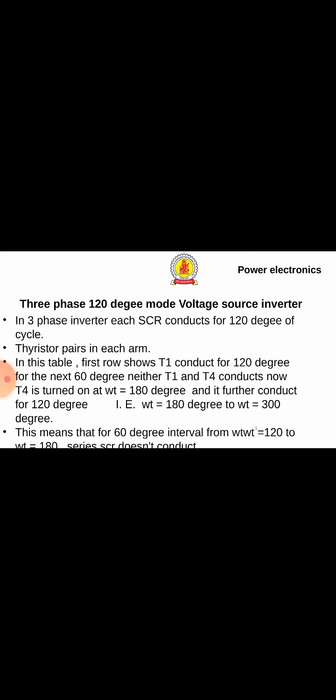As we discussed in this waveform, T1 conducts for 120 degrees, and for the next 60 degrees neither T1 nor T4 conducts. Now T4 is turned on at omega t equal to 180 degrees until omega t equal to 300 degrees. This means that for the 60-degree interval from omega t 120 to 180, the series SCR does not conduct.